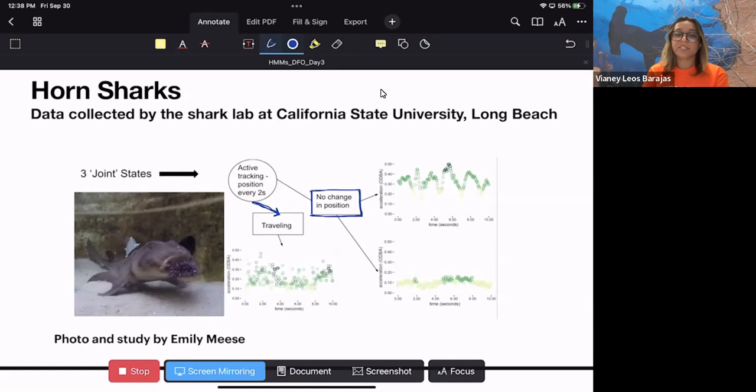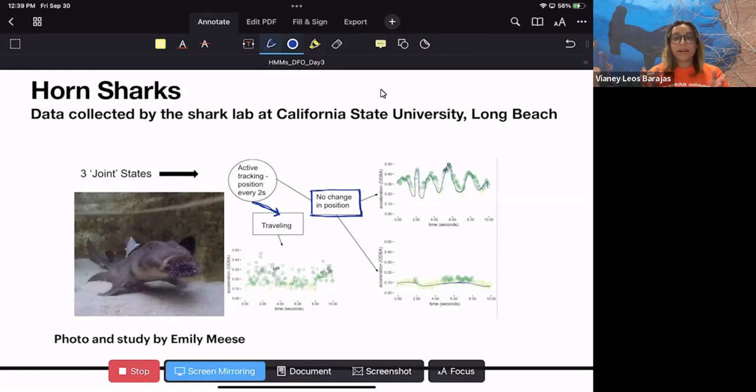When there's no change in position, the horn sharks can be hanging out and just resting. However, if there's no change in position, they could also be eating something. They might be eating an urchin. And so we were able to pick up this different pattern at a fine temporal scale versus the other pattern that's pretty flat.